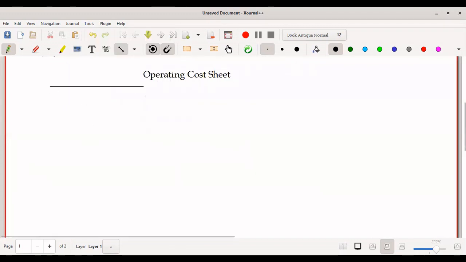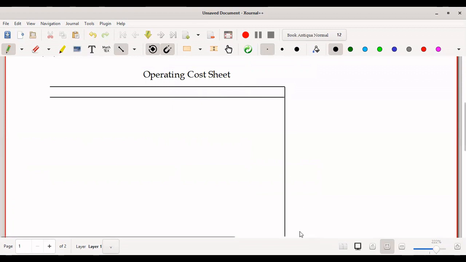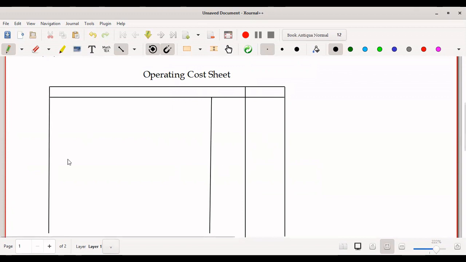Same old cost sheet. Whatever you have studied in 5th semester cost sheet, the same format will be followed here. So an outer column, and we'll have one more inner column here to write some amount. Let's write here particulars, and this will be the amount.